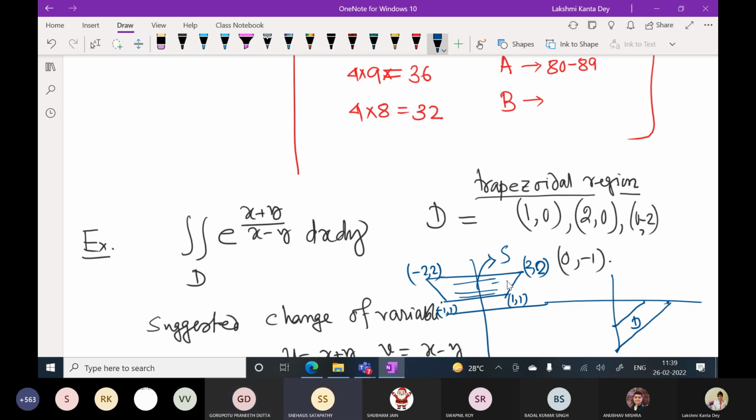Sir, you said 1 comma 0, 2 comma 0, 0 comma minus 2, and 0 comma minus 1. Yes, correct, sir. Because x will vary from 0 to 2 and y will vary from x minus 1 and x minus 2. So you'll get that, minus 2 to 0.